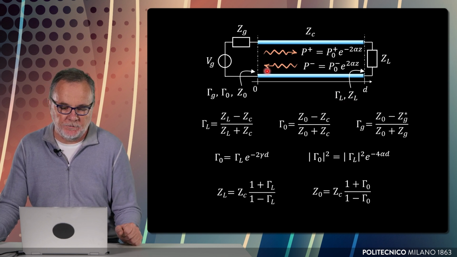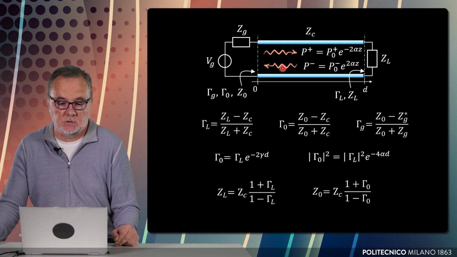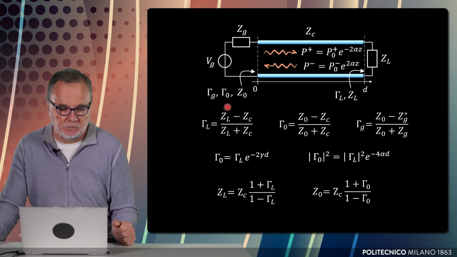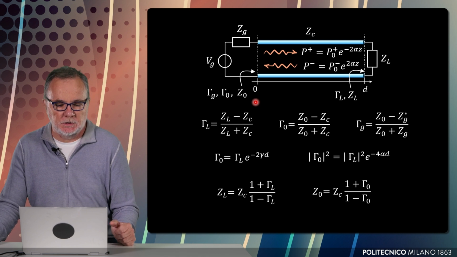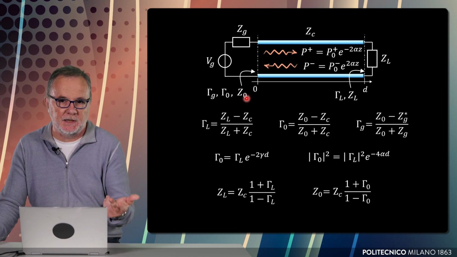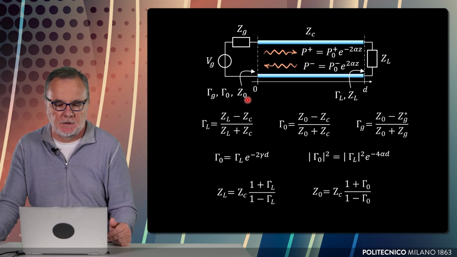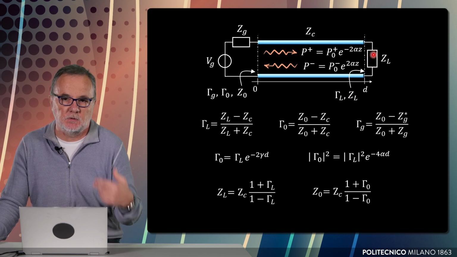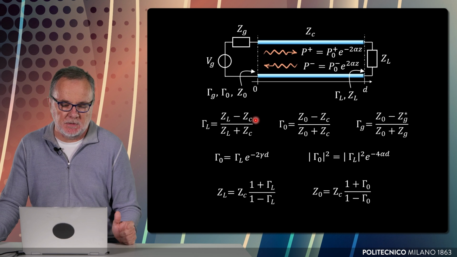We have a reflection coefficient always computed with respect to ZC that is obtained at the beginning of the line, and we call this gamma naught, corresponding to Z naught, the impedance that we see at the beginning of the line. Therefore, the expression for this reflection coefficient is Z naught minus ZC divided by Z naught plus ZC, whereas the reflection coefficient at the end, where the load is placed, is ZL minus ZC divided by ZL plus ZC.